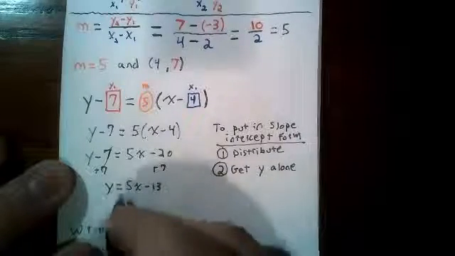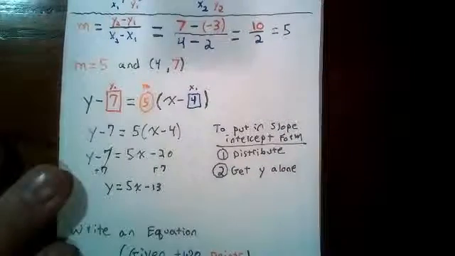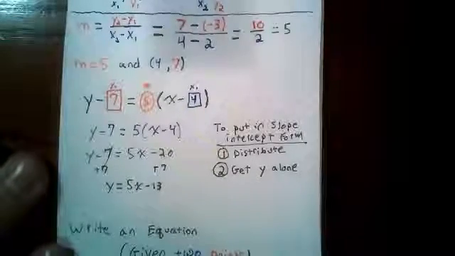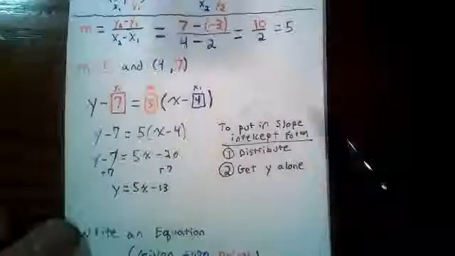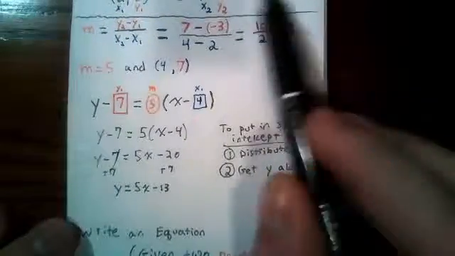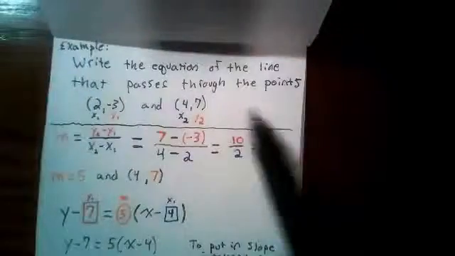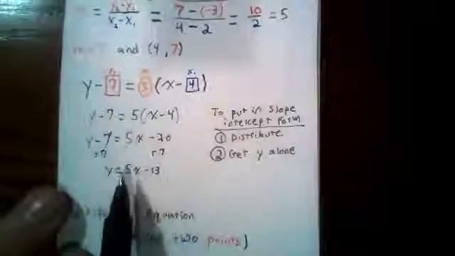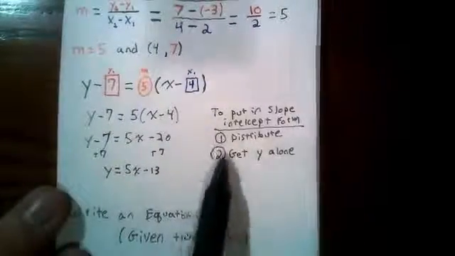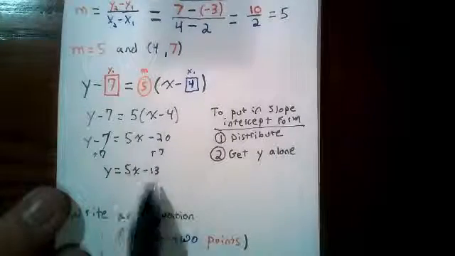And that's your y equals mx plus b, the slope-intercept form. That's a common question you'll be asked to do. If you're just asked to write an equation, it doesn't say point-slope form, like here, then you can leave it like this. If it asks you to go further, then these are the 2 steps. These 2 steps are really easy.